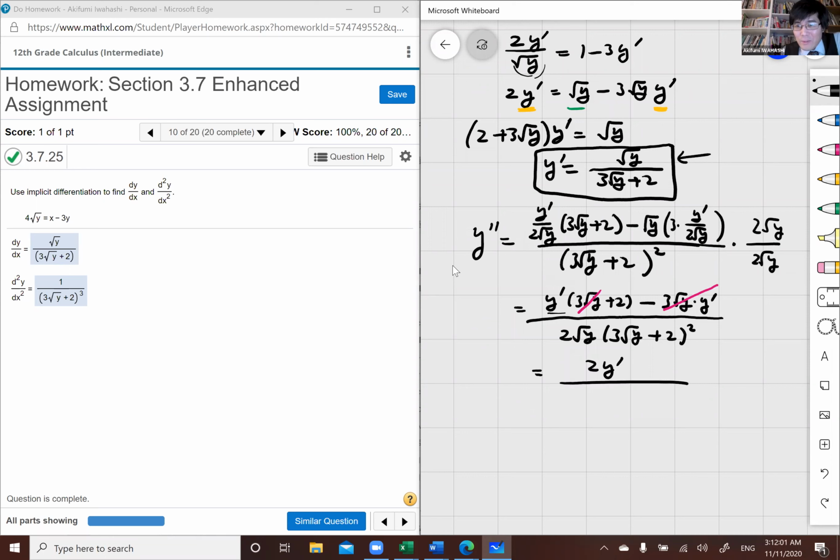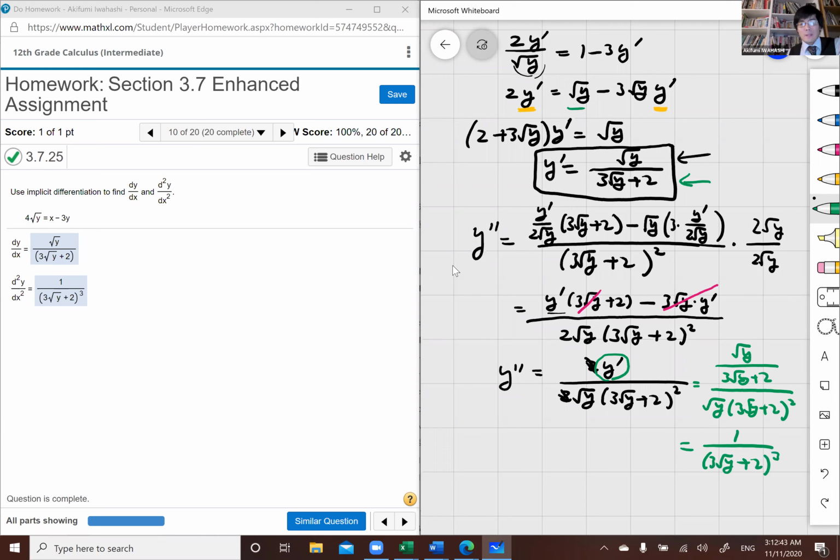After you reduce this fraction, you're actually getting 1 over 3 square root of y plus 2 cubed. Quite a long computation. Is it okay? Okay, so let's move on to the next question.